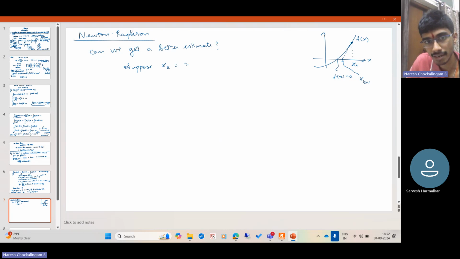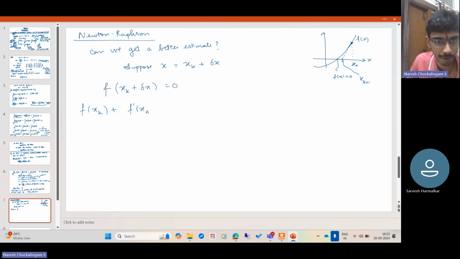Suppose the actual root is x_k plus delta x. We want f of x_k plus delta x equal to 0. You can expand this using the Taylor series as f of x_k plus f dash of x_k delta x plus f double dash of x_k by 2 factorial delta x square, and higher order terms.